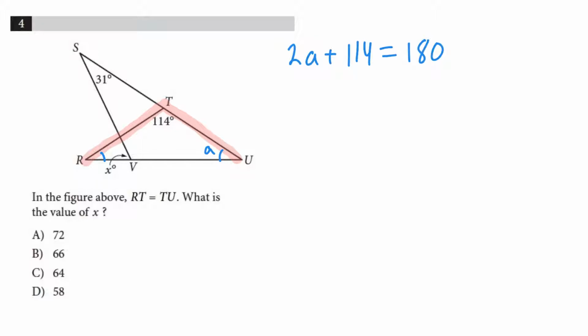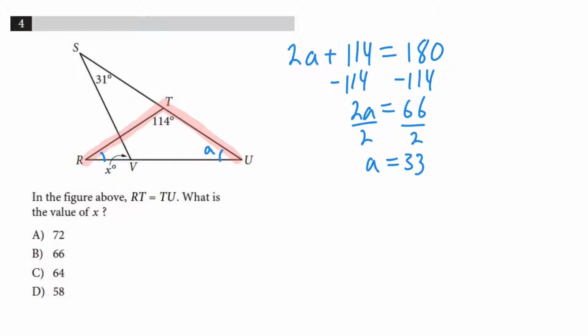The sum of the interior angles of a triangle add up to 180. I'm going to subtract 114 from both sides. 2A equals 66, and divide by 2. So angle U and angle R are both going to be 33 degrees.